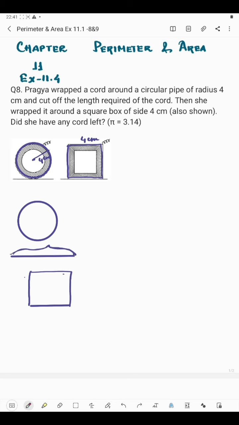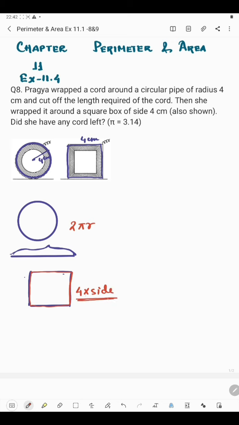So at first we need to find the total length of the cord required to wrap around the circular pipe, which is 2 pi r. Then she used this cord to wrap around the square box. So the total length of cord required to wrap around the square box is 4 into side.